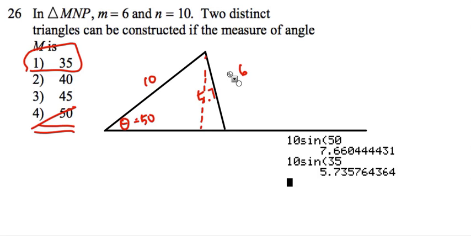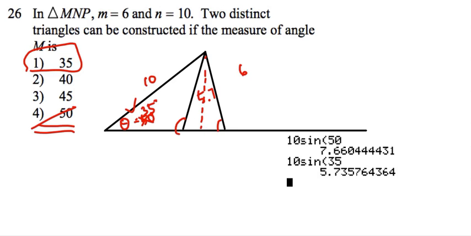The other one could have been something like this. So in that way we would be able to create two triangles with the angle of 35 degrees. And in fact, you could have used the law of sine. If this one would be 35 degrees, then it would have made sense. Using the law of sine to figure that out, you will realize that we can get two answers here and here.